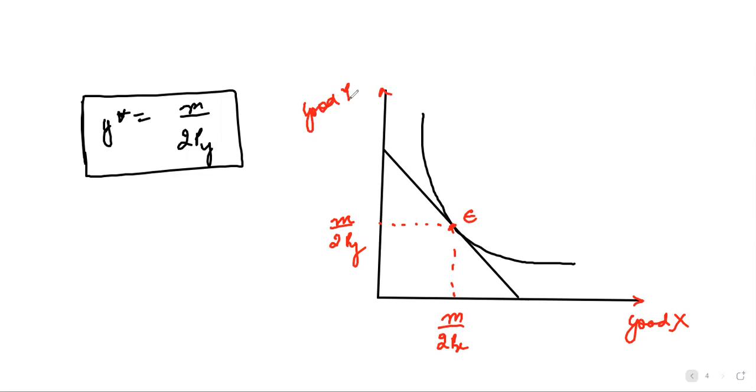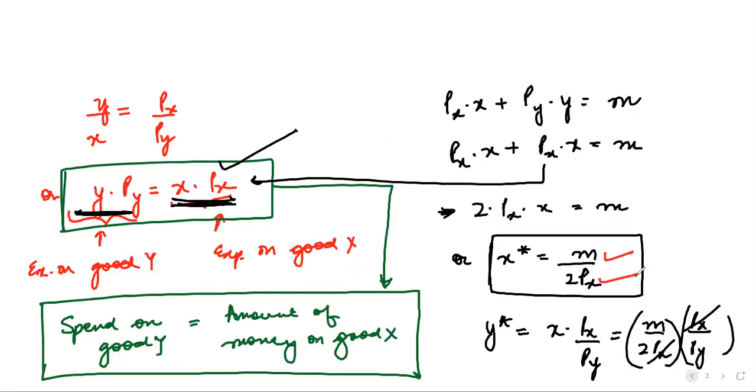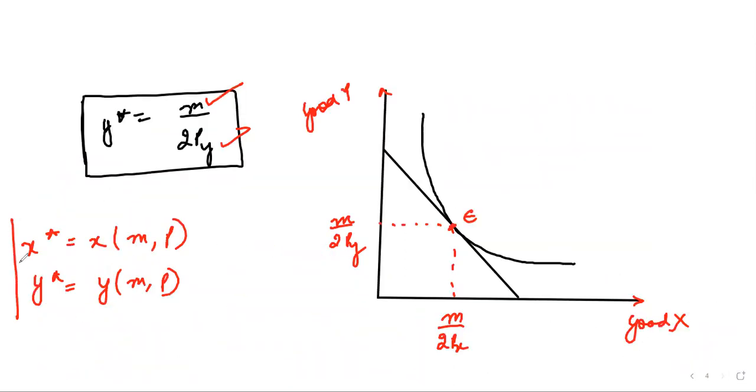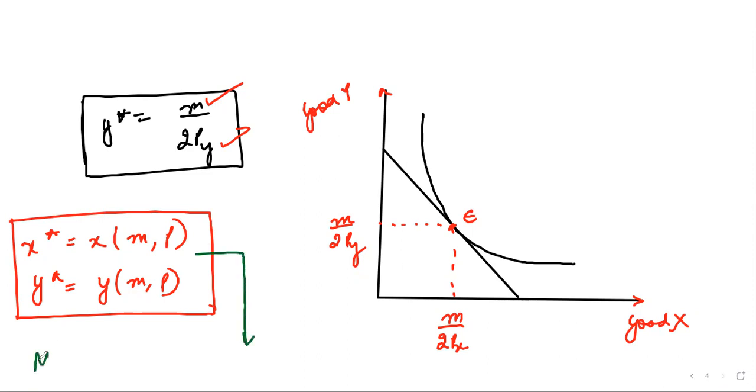This X star, Y star is written as a function of income and prices. So both X star and Y star are written as a function of income and prices. When the optima are written as a function of income and prices, this is known as the Marshallian demand function.